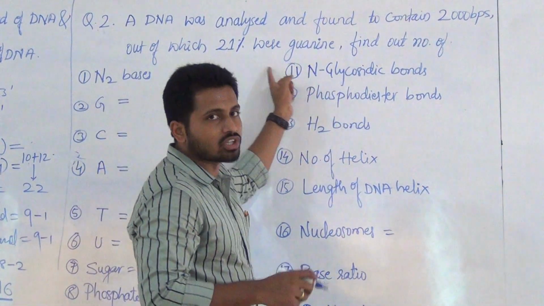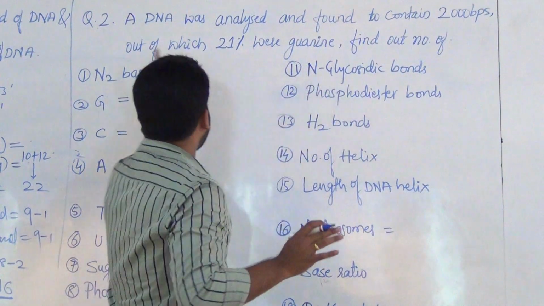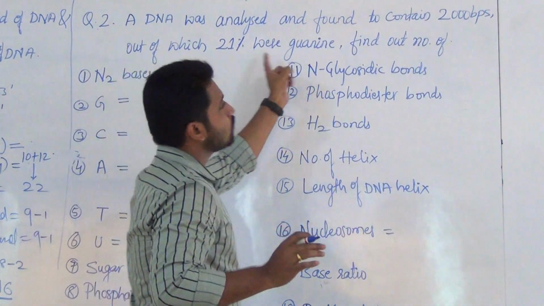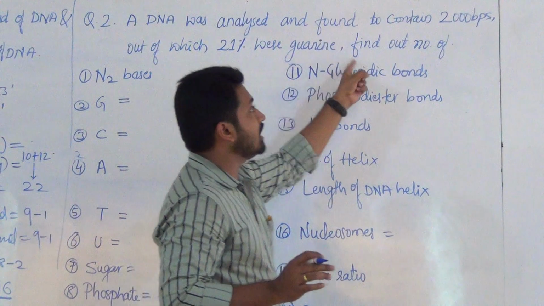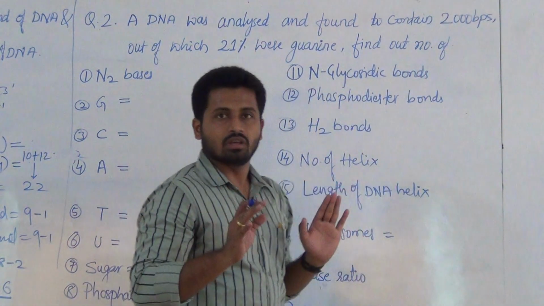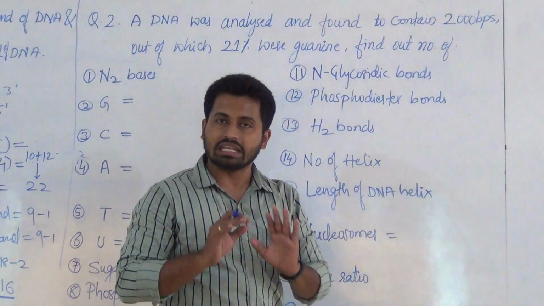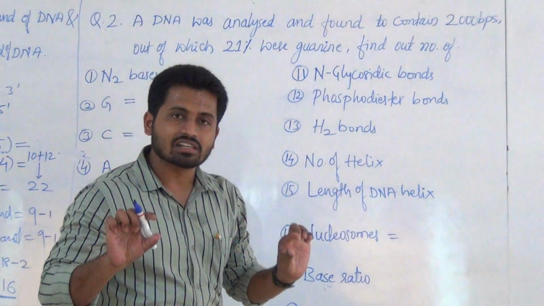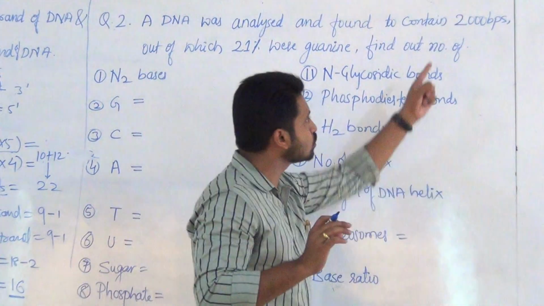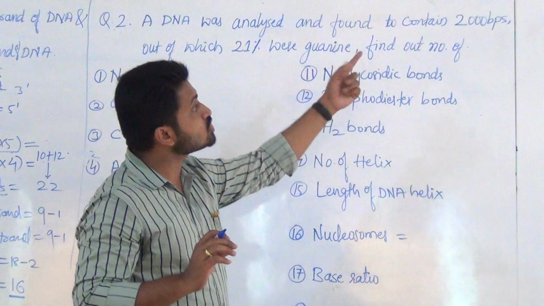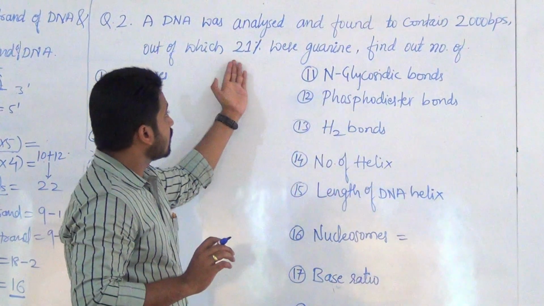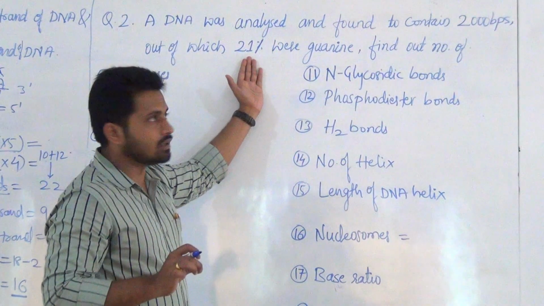This value is very important to solve all the questions. When it was analyzed, it was containing how many base pairs? 2000 base pairs. Out of these 2000 base pairs, guanine was 21%.